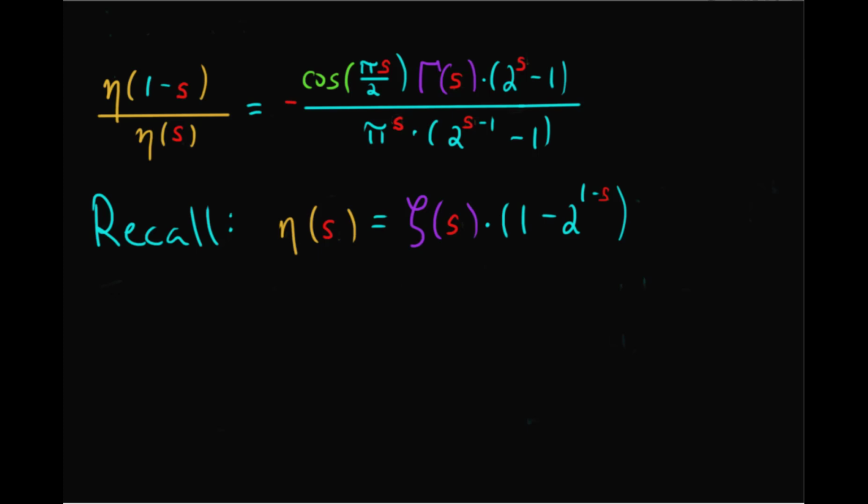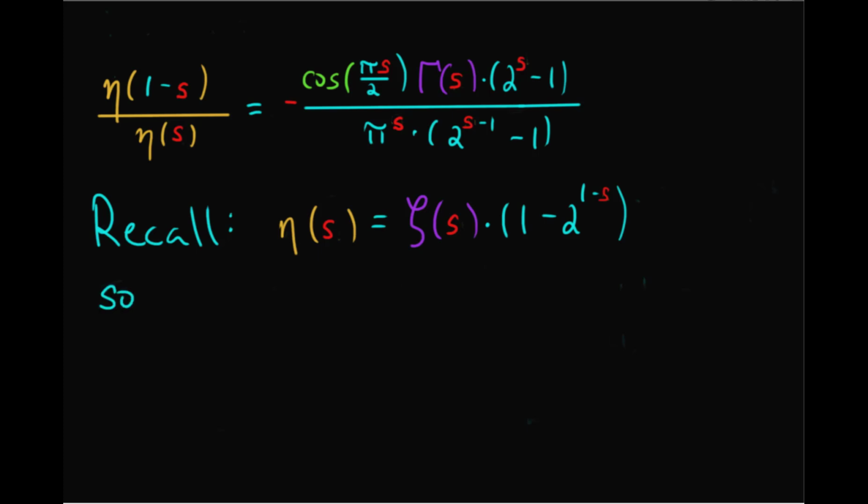And then for our Eta functional equation, we're going to have eta of 1 minus s over eta of s equals negative cosine of pi s over 2 times gamma of s times the quantity 2 to the s minus 1, all over pi to the s times the quantity 2 to the s minus 1.